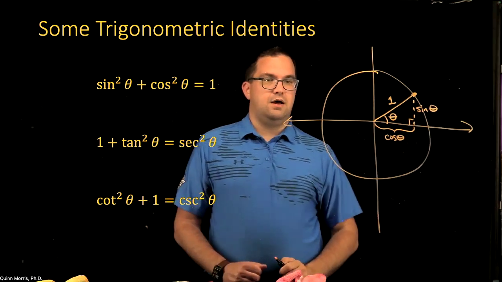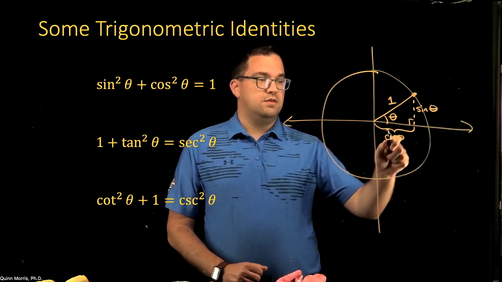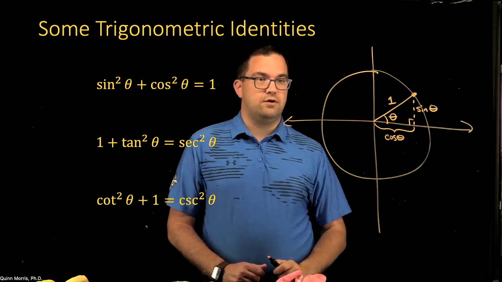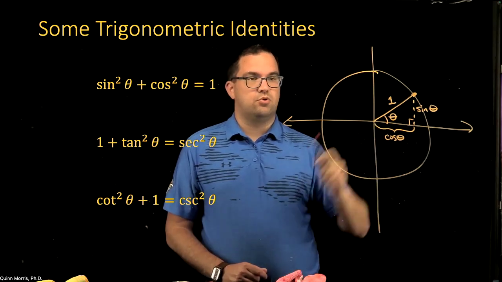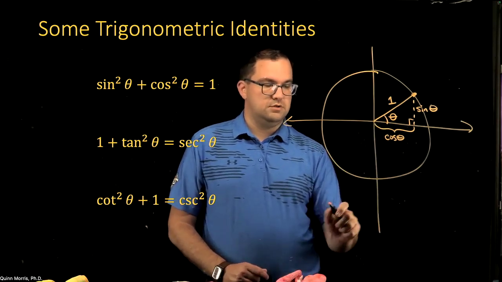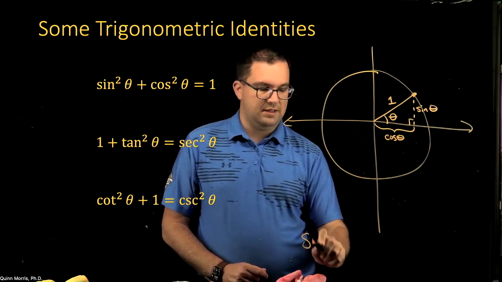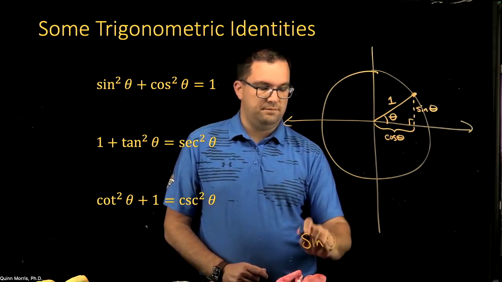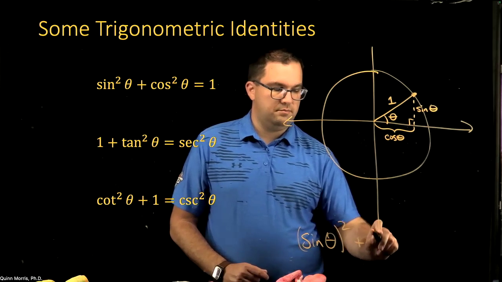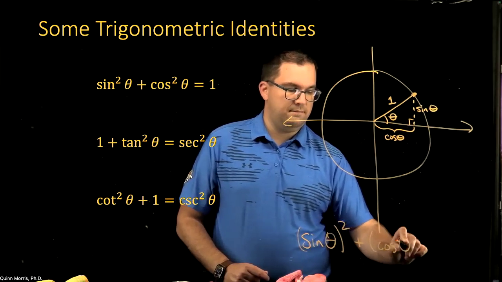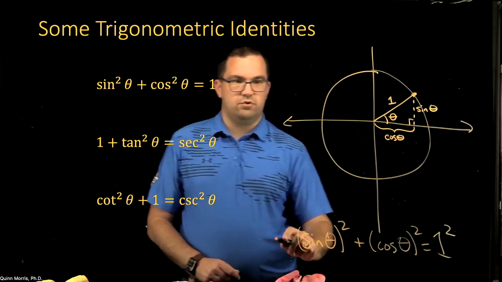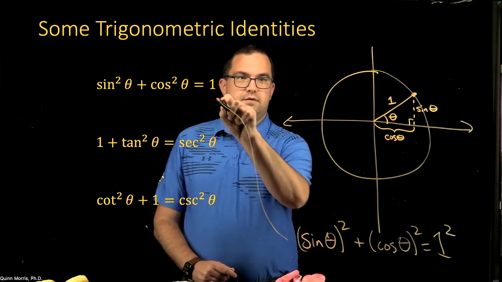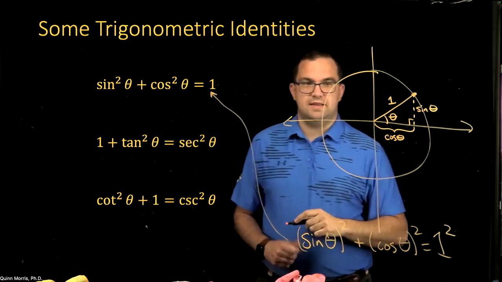And by the Pythagorean theorem, the sum of the squares of the legs of the right triangle should be equal to the square of the hypotenuse. So in this case, we should have that sine of theta squared plus cosine of theta squared is equal to 1 squared, which of course, when simplified, gives us this first identity.